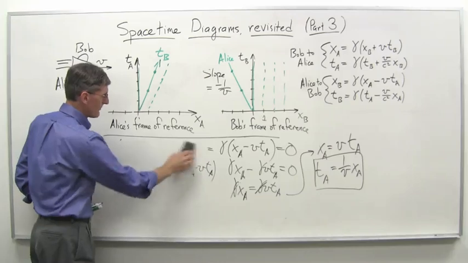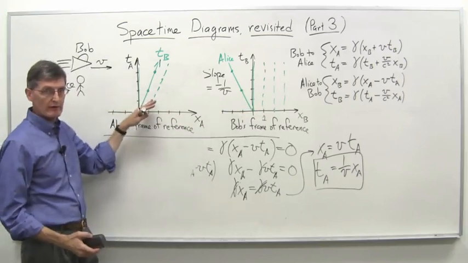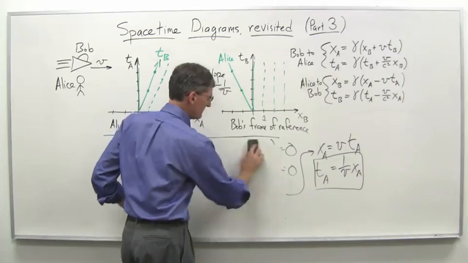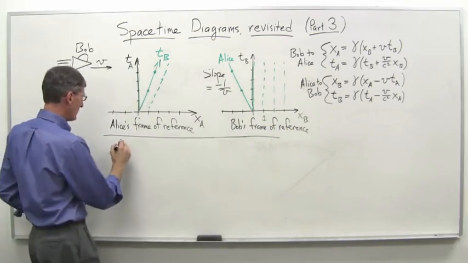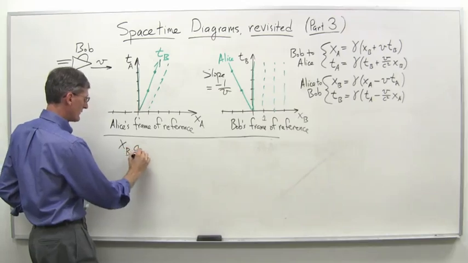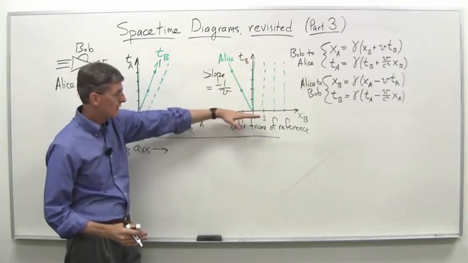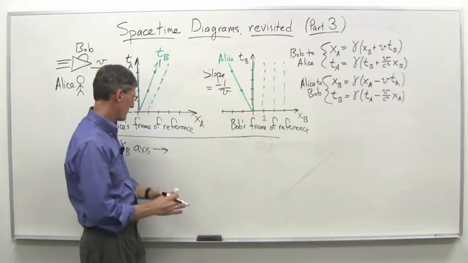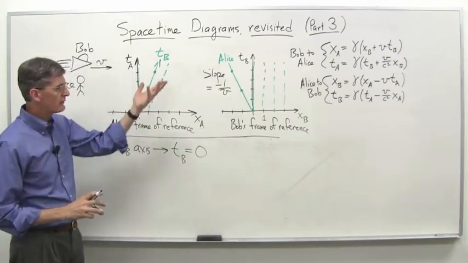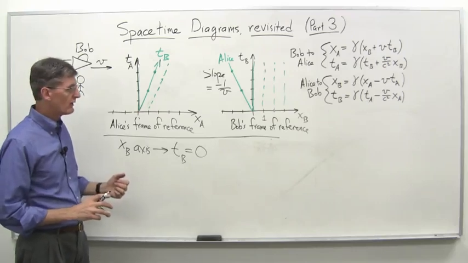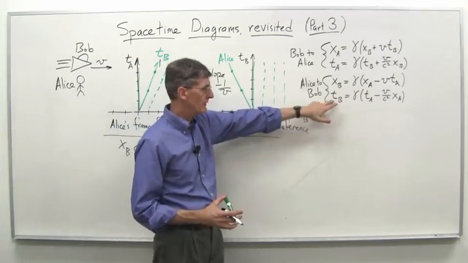Okay, now let's look at the xb axis. We'd like to take the xb axis and see what it looks like if we put it on Alice's plot. The xb axis, of course, is when tb equals 0. We can use different equations, but this one in particular is nice because we've got tb all by itself.